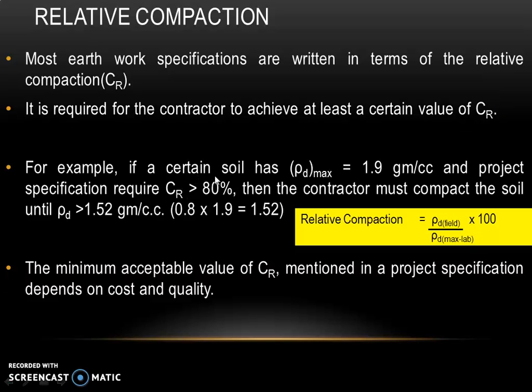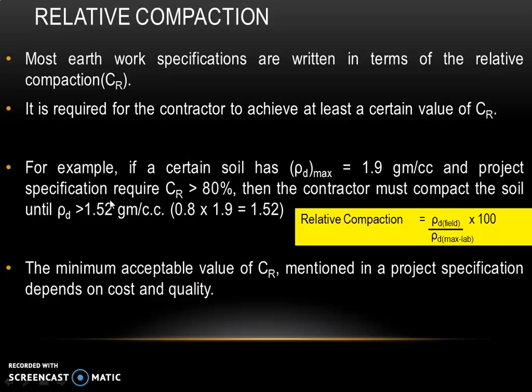For example, if soil at site has maximum dry density equal to 1.9 gram per cc, which is the value we obtain by lab results, and project specification requires relative compaction greater than 80%, then the contractor must compact the soil till the dry density of soil inside is greater than 1.52 gram per cc.